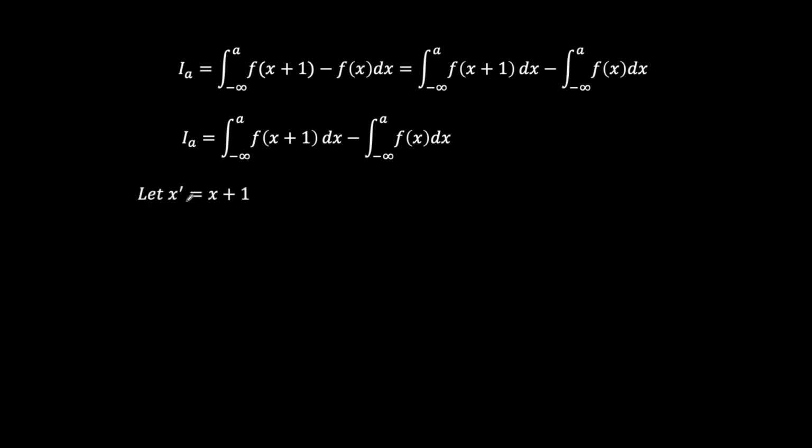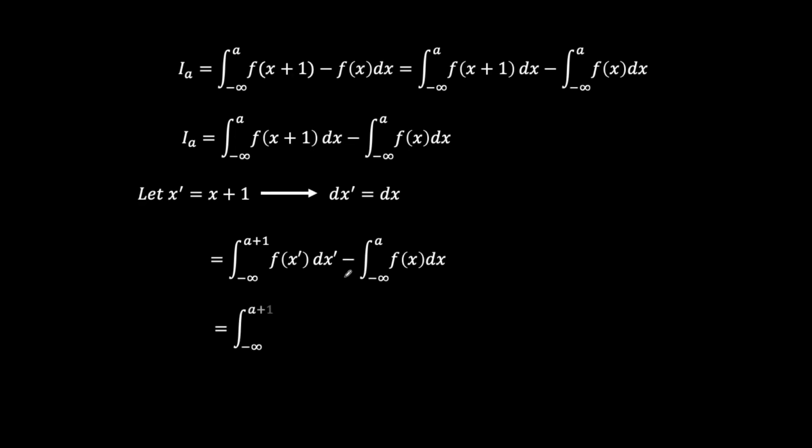And if we let x prime be equal to x plus 1, then dx prime is the same as dx, meaning that we can insert x prime in place of x plus 1, but with the limits, the lower limit still remains negative infinity. The upper limit becomes a plus 1. So this integral here still becomes, we can just replace everything back with x.